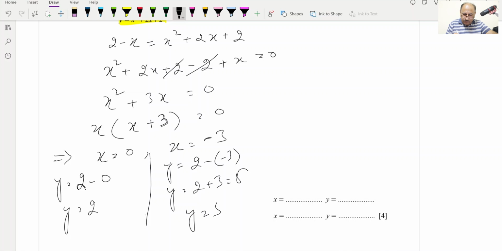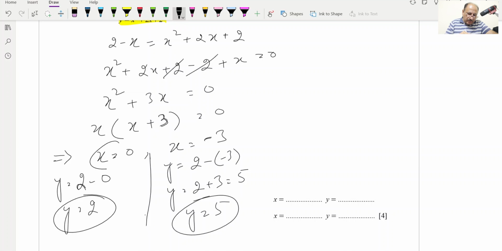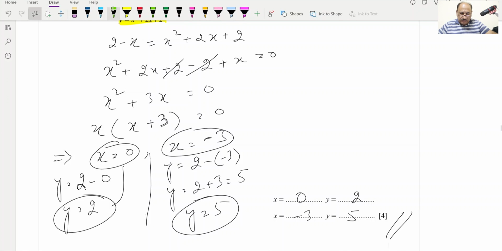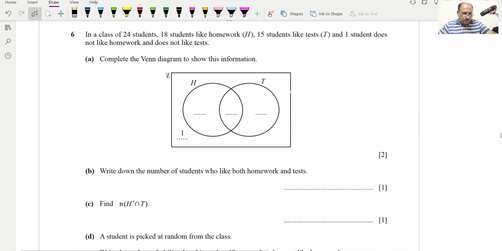So for x is equal to 0, y is 2, for x is equal to minus 3, y is 5. So 0 and 2, and minus 3 and 5, 4 mark question. This is also done. Hopefully you understood this.